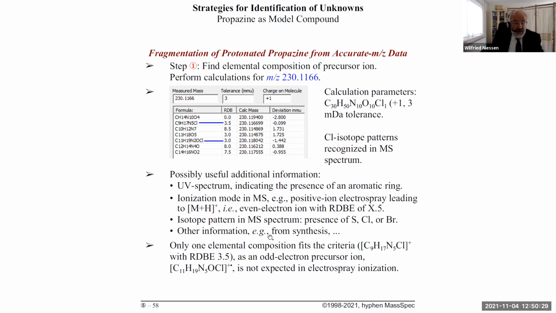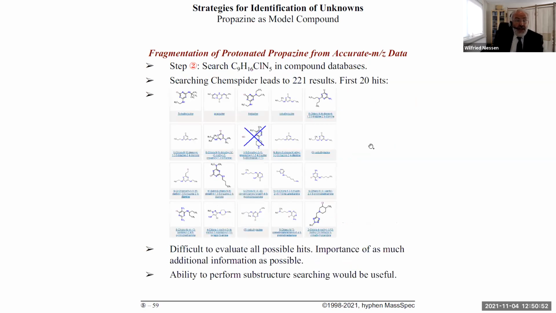All this type of information should be taken into account. So in this particular case, I get just one elemental composition which fits all the criteria I've set and which fits the data.